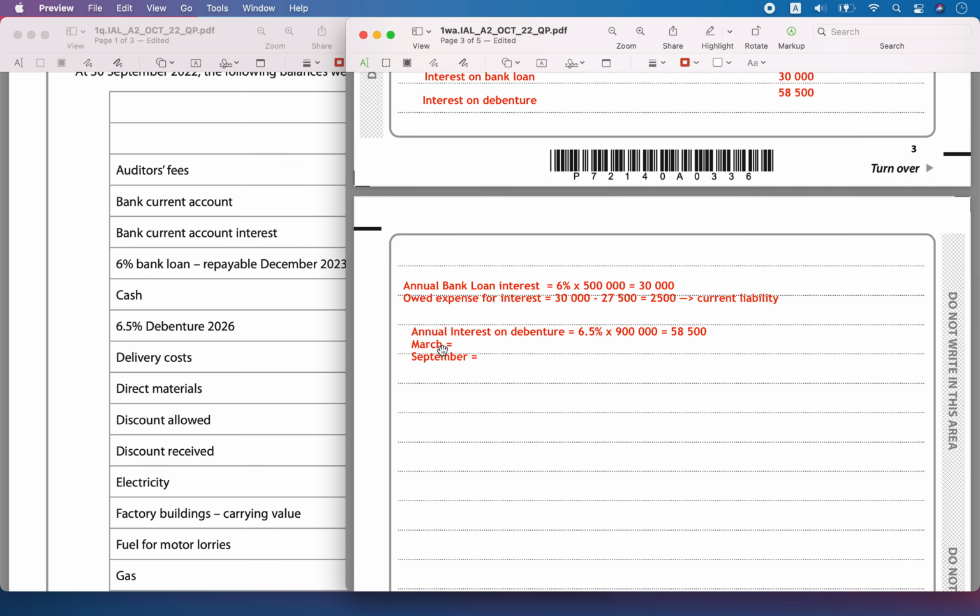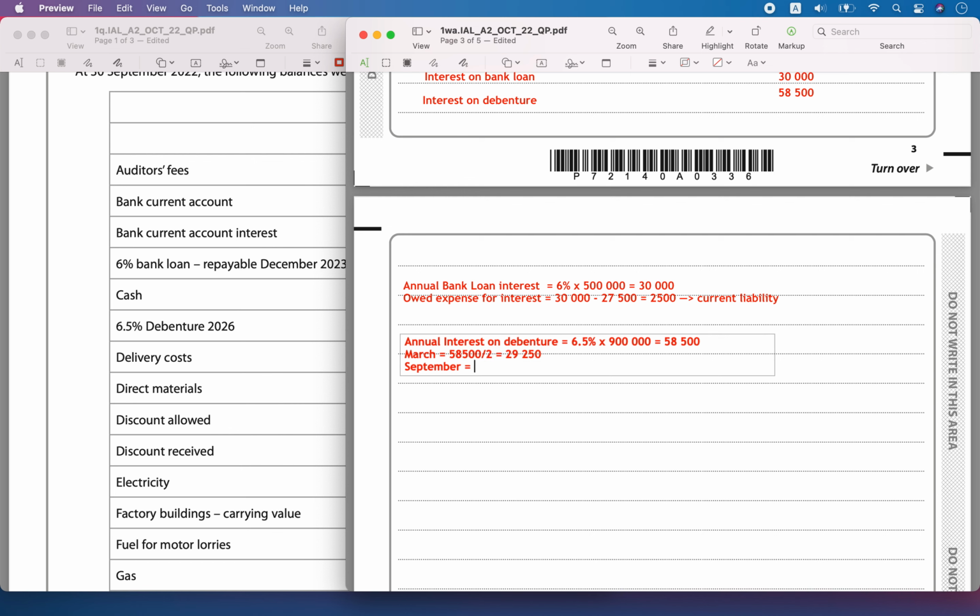But what will become owed, a current liability, is 58,500 divided by 2, which is equal to 29,250. So 29,250 has been paid.